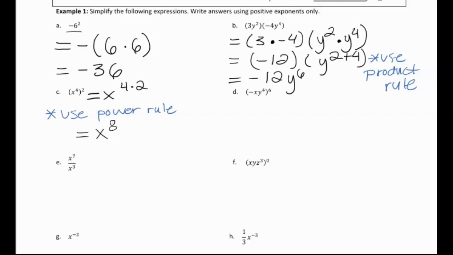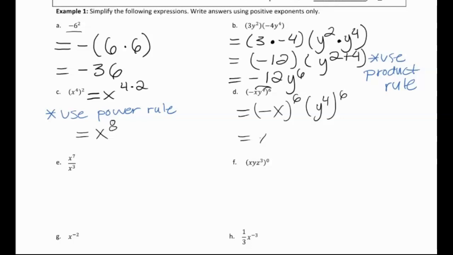For example D, this 6 is going to distribute to both of my x and my y. So we have negative x raised to the sixth power. And we have y to the fourth raised to the sixth power.